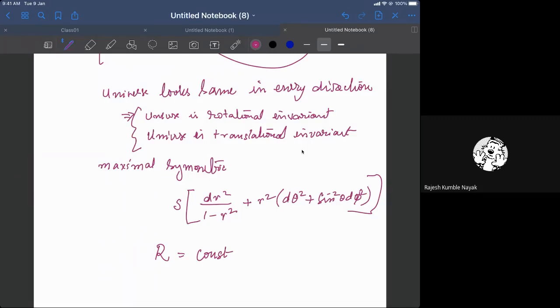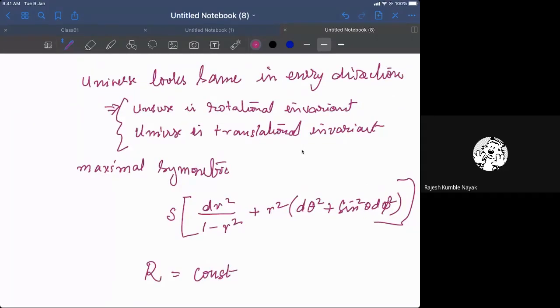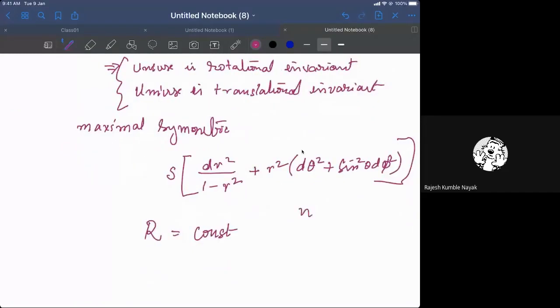You can show that it has all the Killing vectors. The maximum allowed Killing vectors in a three-dimensional space is 3 times (3 plus 1) divided by 2, and that is what you have.